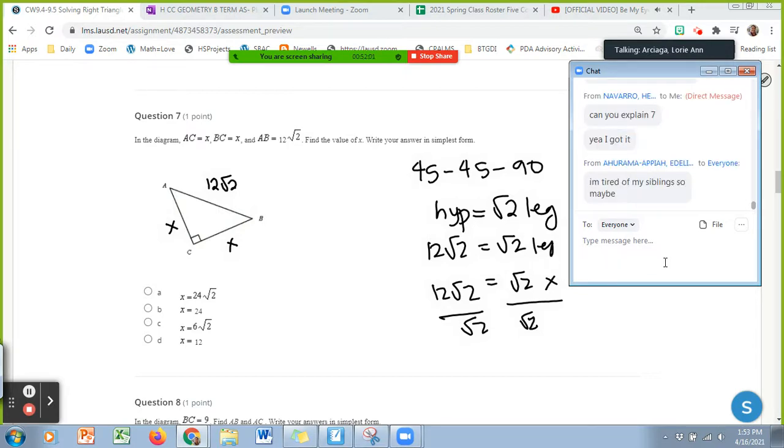I'm tired of my siblings, and I'm also tired of mine. I know I can teach more peacefully at school because, oh my God, my two kids are, especially during this time of the day. But no, I can't go back. I'm not returning to school.